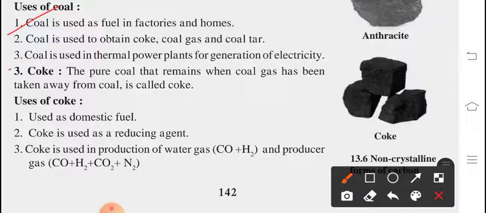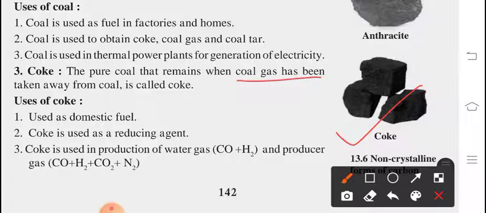Next is coke. The pure coal that remains when coal gas has been taken away from coal is called coke. This is coke. Coke means pure coal that remains when coal gas has been taken away from coal.